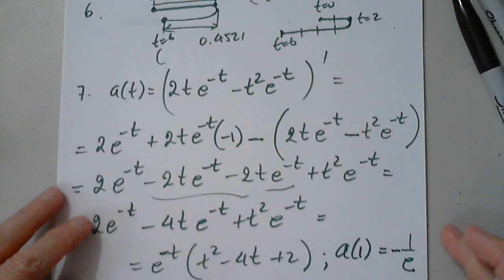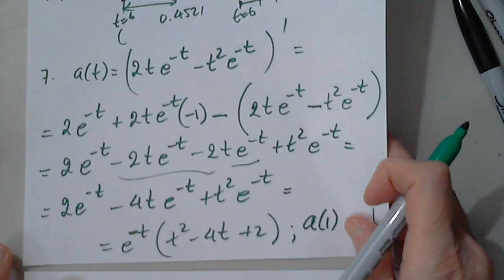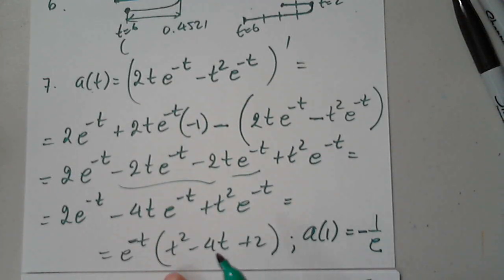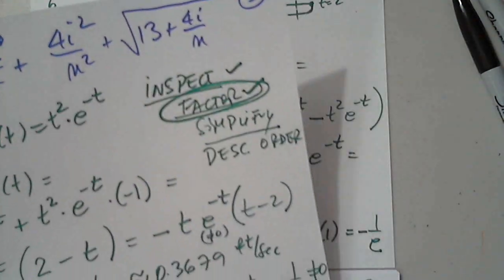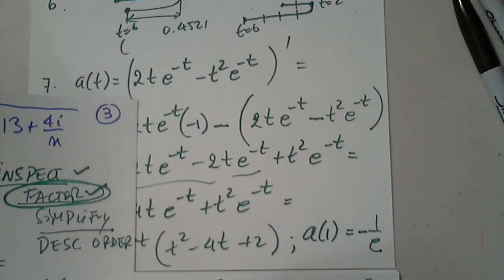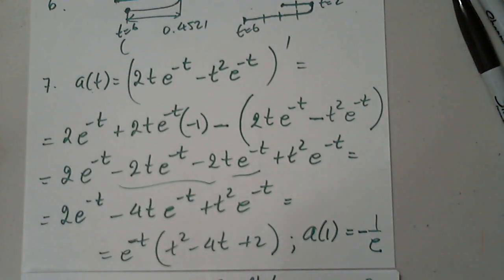And this is approximately a of 1. One more time, this is at 1, right? 3, yes, minus 1, that's the negative, and e. Okay, so we just calculated that. And what was it? 0.3679, but this is feet per second squared because we're talking about acceleration.